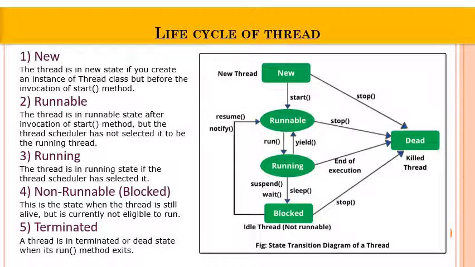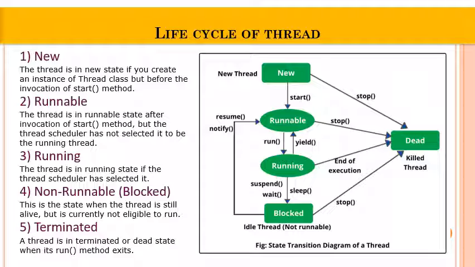However, we can kill it by sending the stop message to it in any state, thus causing a premature death. A thread can be killed as soon as it is born, or while it is running, or even when it is not runnable, that is in the blocked condition.